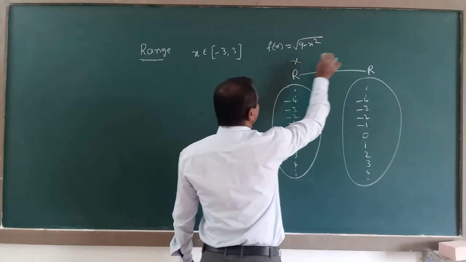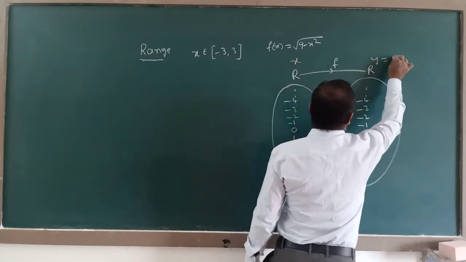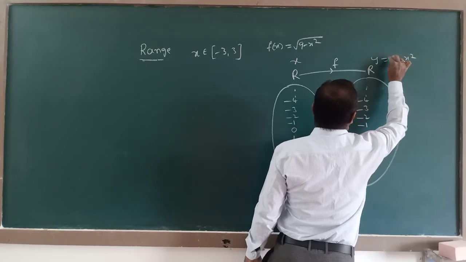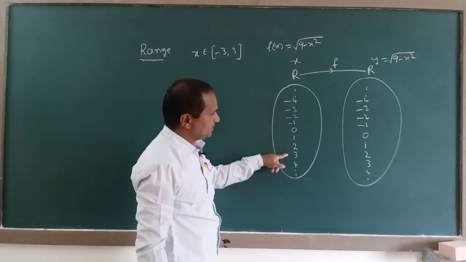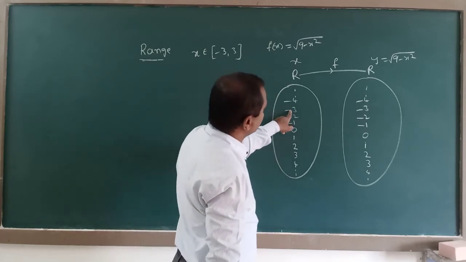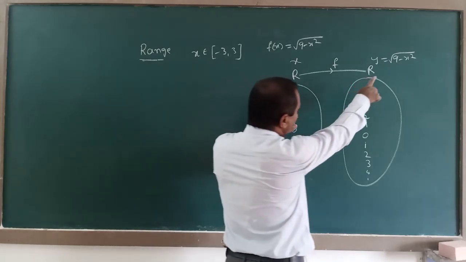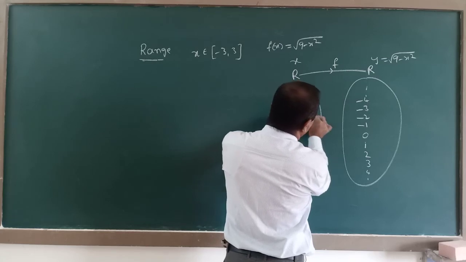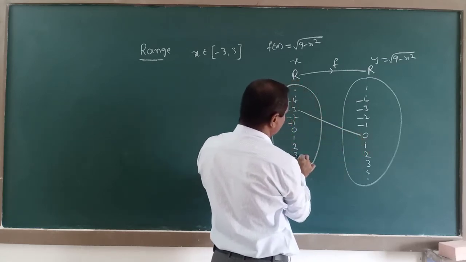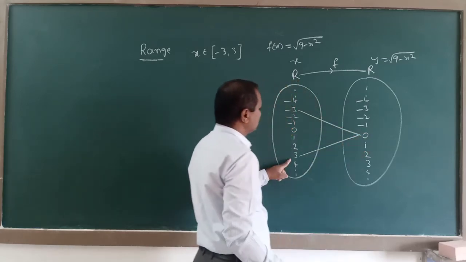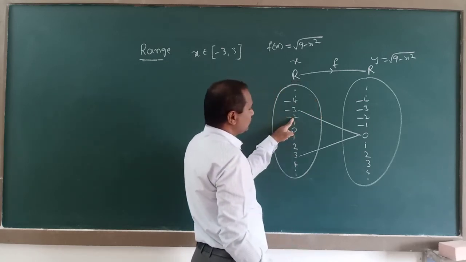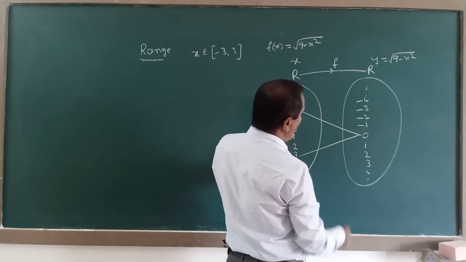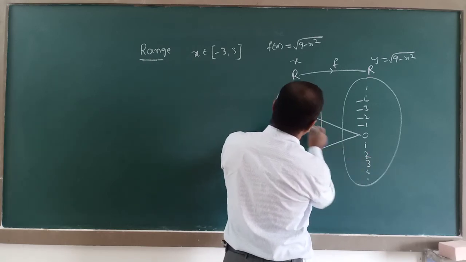Here y is equal to square root of 9 minus x square, with x from minus 3 to 3. We can check here. If x is equal to minus 3, then y is equal to 9 minus 9, so 0 will come. Even for 3, 0 will come. For minus 2, 9 minus 4 is root 5, which is 2 point something.